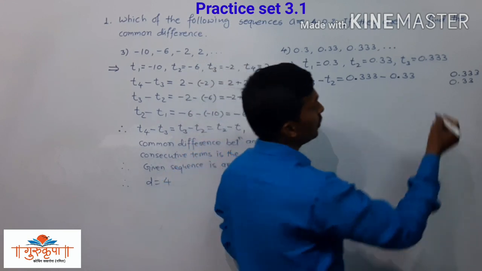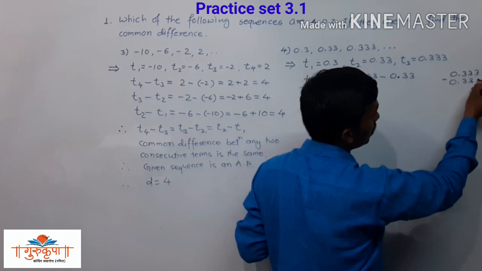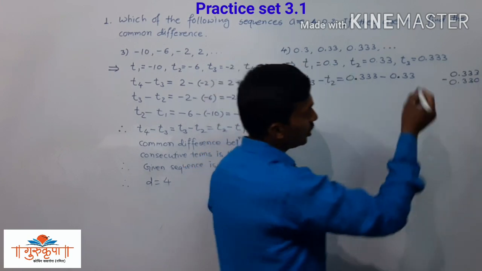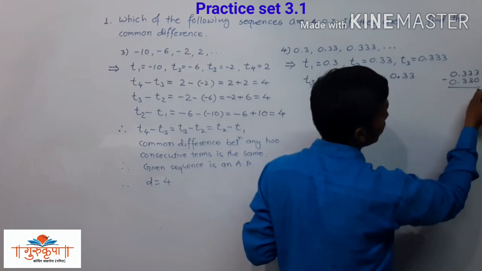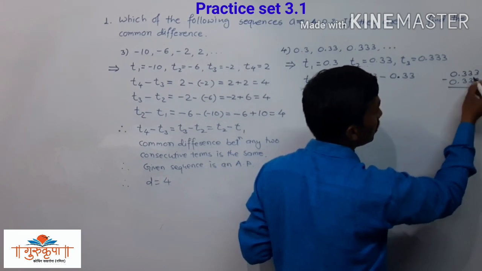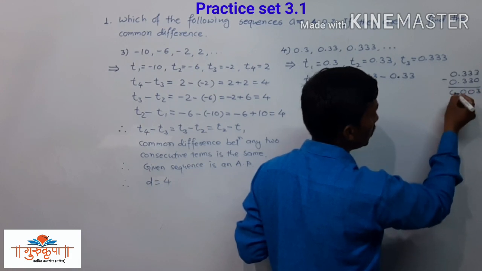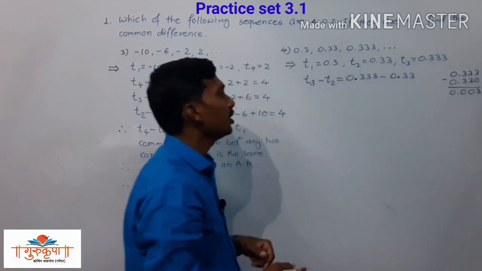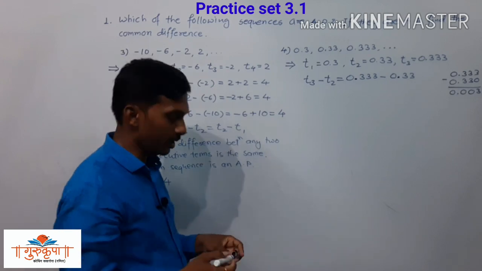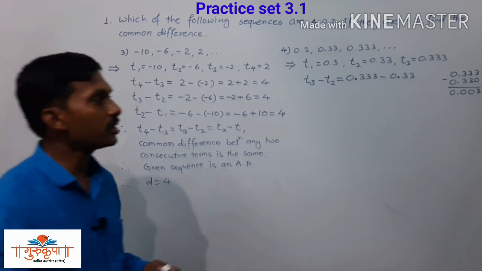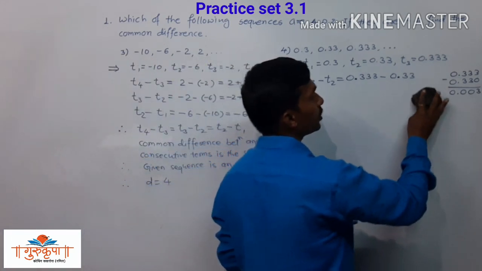The third digit is not there, so we will consider that 0 is there. Now we can subtract these two numbers. 3 minus 0 is 3, 3 minus 3 is 0, 3 minus 3 is 0. The decimal sign and the 0 remain as they are. So T3 minus T2, the common difference between the third and second term, is 0.003.